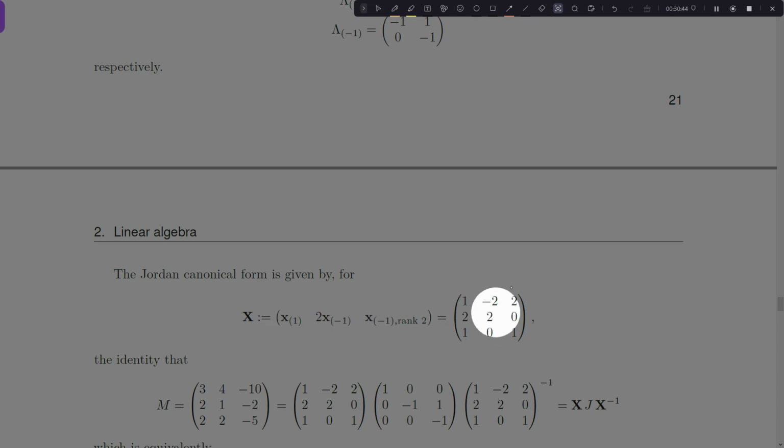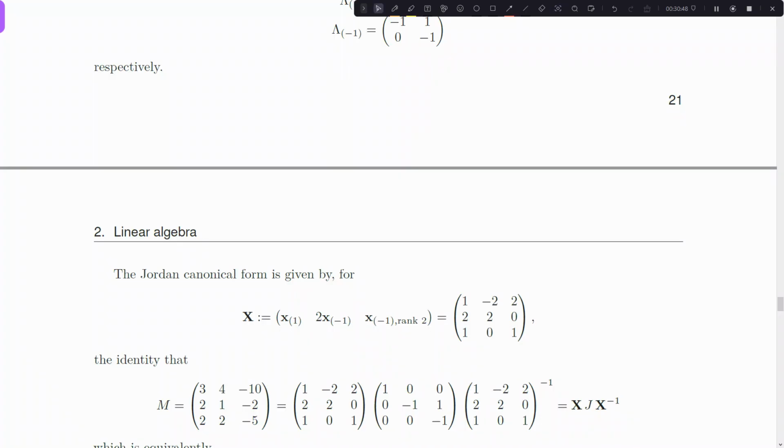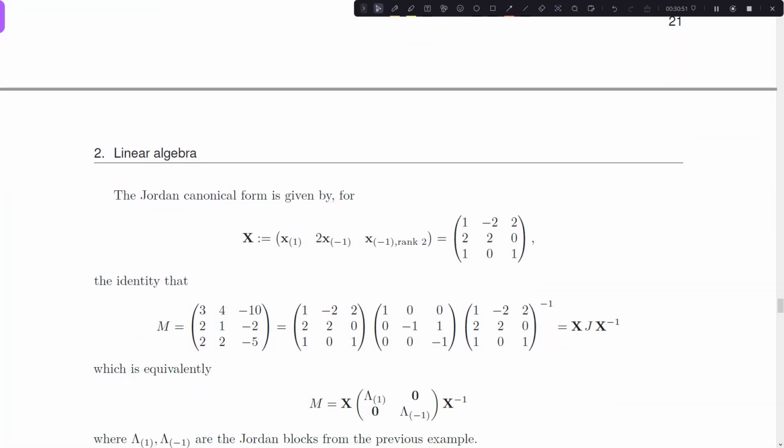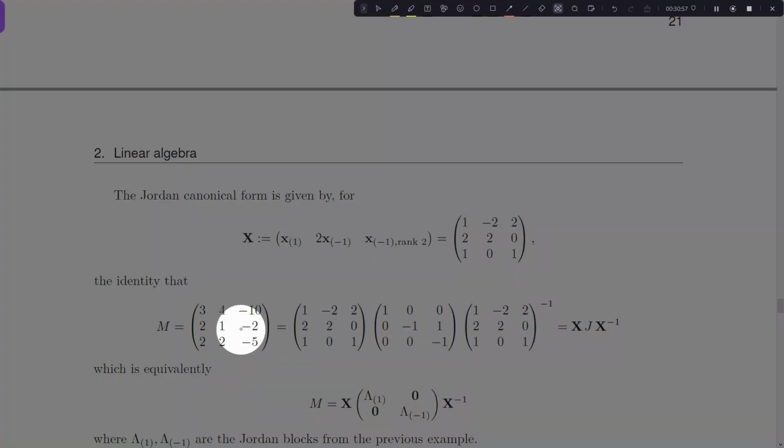I put those in as vectors, and what I recover is a pseudo-diagonalization theorem where M can be represented as this nice capital X, X inverse, and then my Jordan blocks. So if we look right there, the top left corner was the Jordan block corresponding to lambda equals 1. And then the bottom right corner is the Jordan block corresponding to lambda equals -1. And so you'll notice we can still read off the eigenvalues from the diagonal, but we have to put up with these little off-diagonal terms in just some of the cases. So equivalently, we can write it like that.